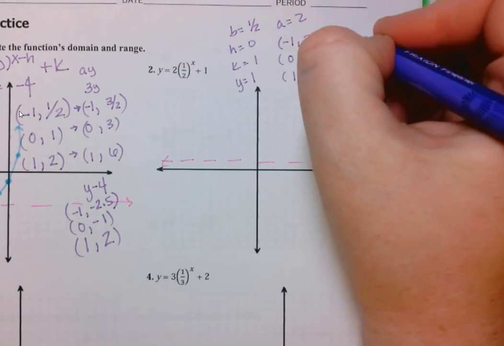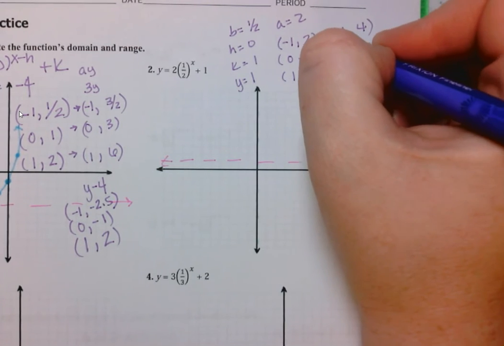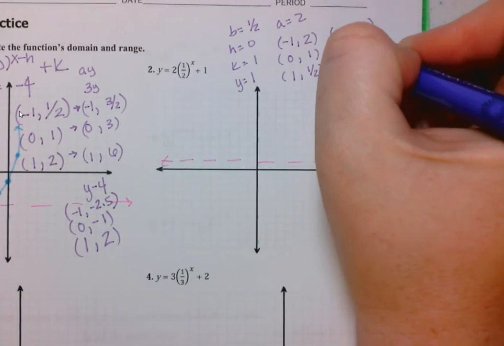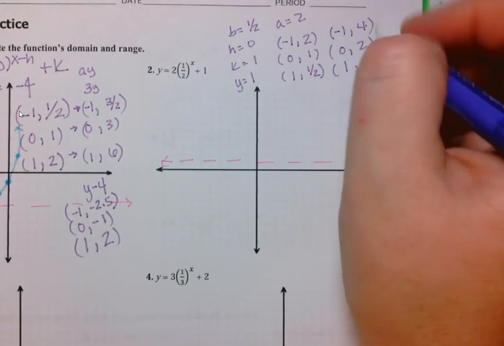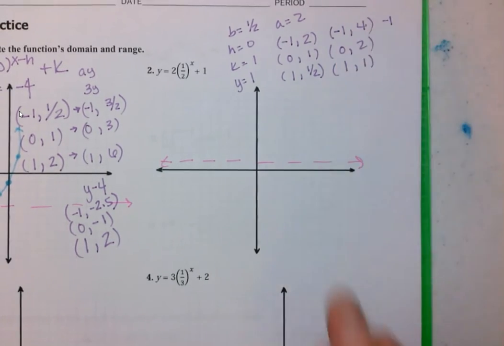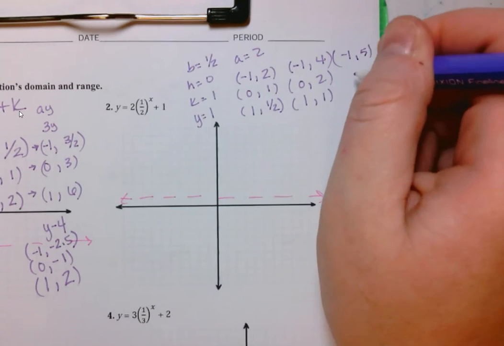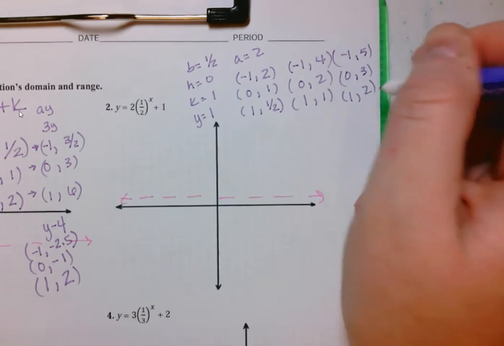So I would have -1, 4, 0, 2, excuse me, 1, 1. And then my k value is going to add 1 to each one of these, so it's going to be -1, 5, 0, 3, 1, 2.